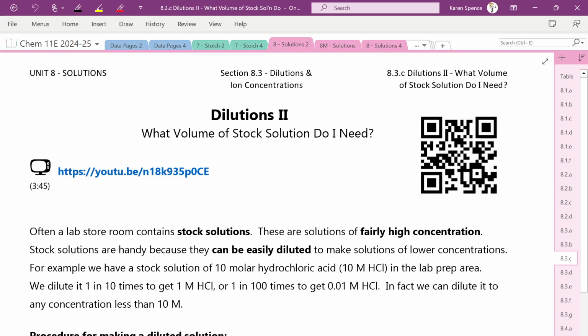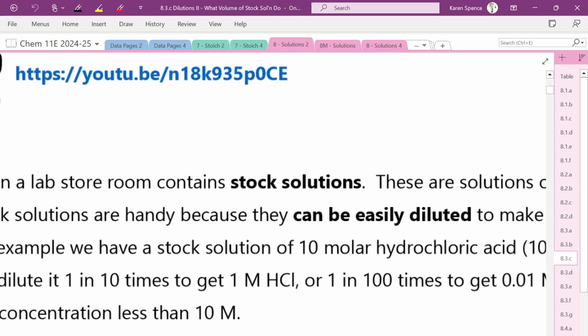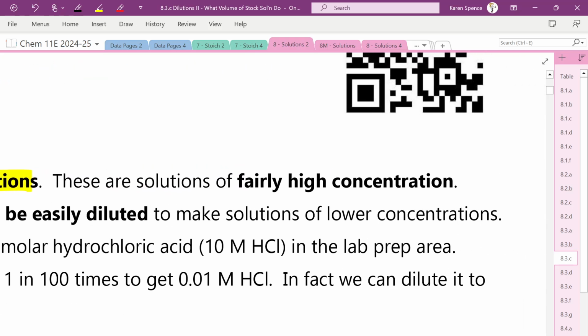So in this case, we're going to be looking at going the other way. What we have in the back room is we have solutions which are quite concentrated. We call this a stock solution. You can see here we have stock solutions. They are fairly high concentration. The nice thing about these is we can take them and dilute them to other concentrations that are smaller.